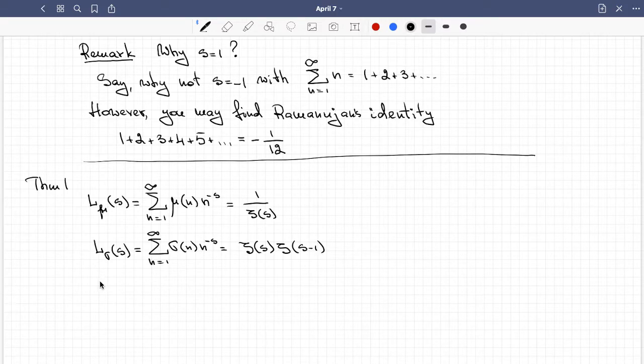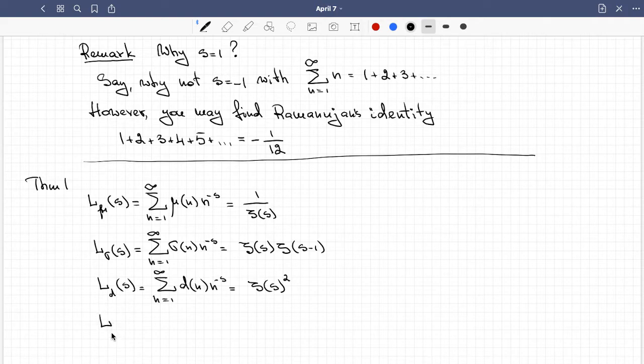Take d. L d of s is the sum from 1 to infinity of d of n times n to the negative s. The theorem claims what it produces is zeta of s squared.